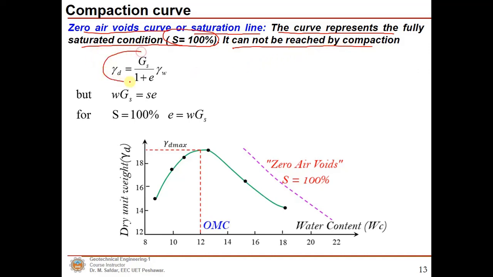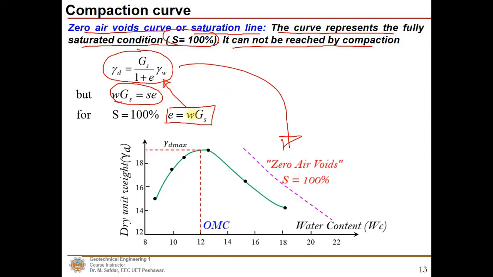So this is the equation to draw the zero air voids line, where from the phase relationships we know that if we take S equal to 100%, e will be equal to wGs, and if we put it in this equation, for various water contents we can draw the zero air voids line.